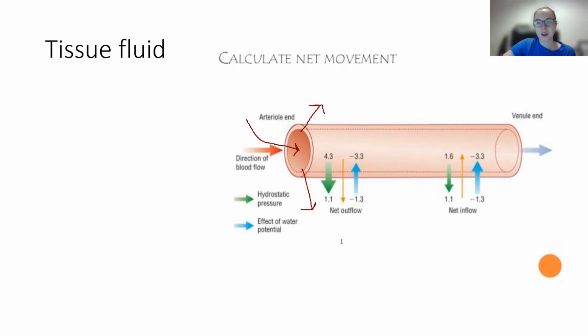So at the venule end, we get water moving via osmosis, from high water potential to low water potential, into the venule end. And the movement of water also increases the hydrostatic pressure. Then the blood carries on into the venule and then into the vein.